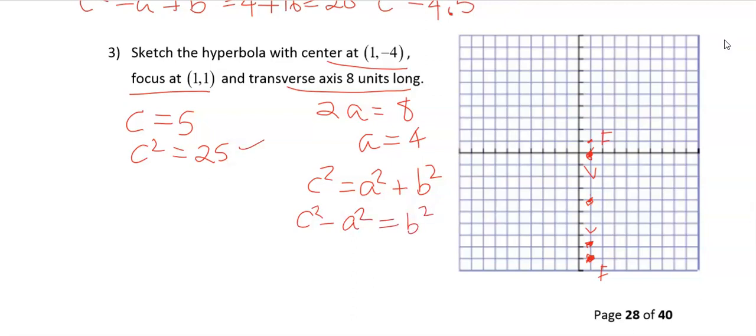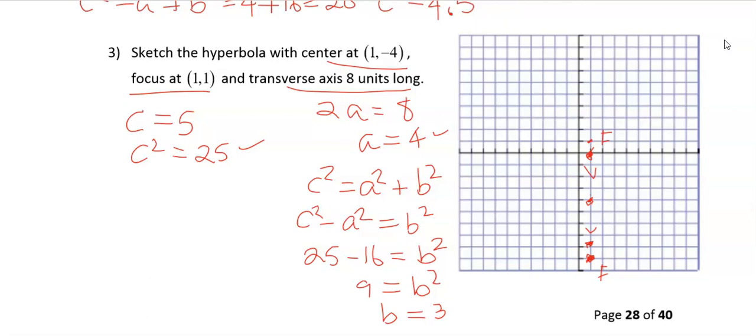And C squared, look at that, 25 minus, there's my A. A is 4, so A squared is actually 16, isn't it? And look at that. You're going to end up with a nice number. That's 9. They're not all that nice, remember. So B in this case is actually equal to 3.